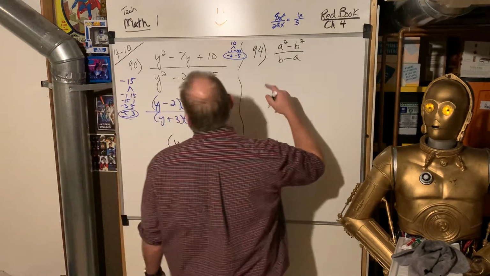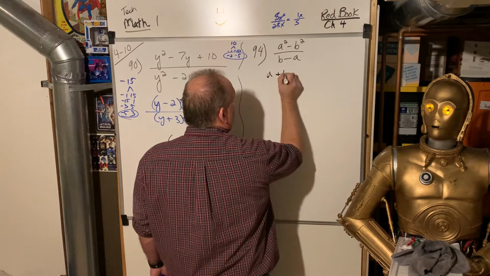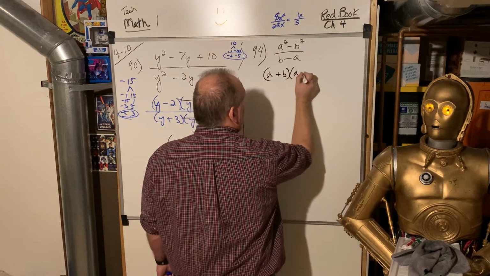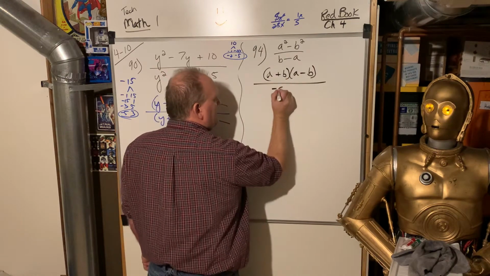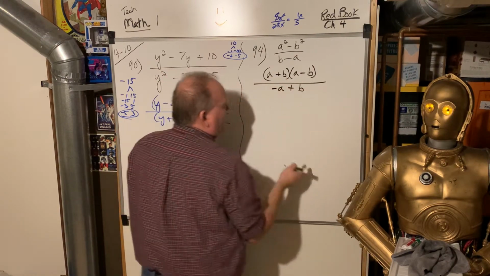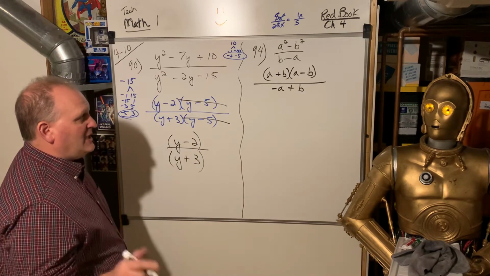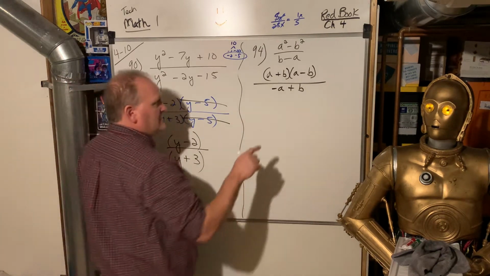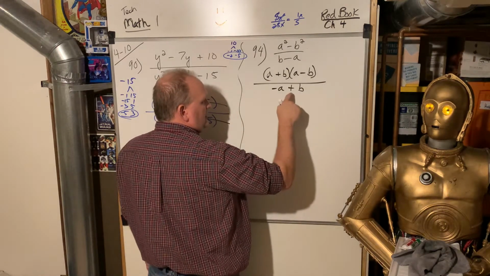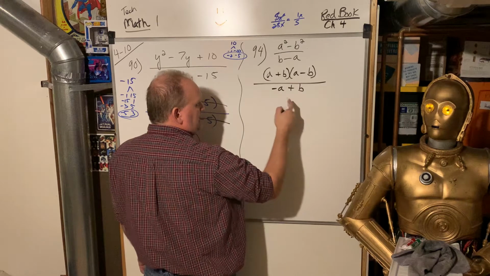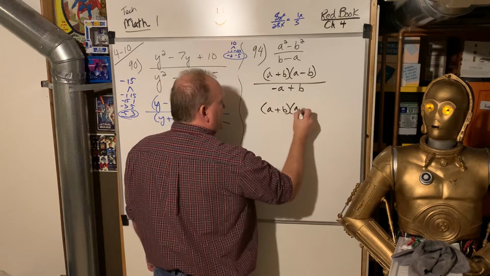Let's look at this one, 94, same section. We got a plus b times a minus b. On the bottom, we've got b minus a. I'm going to write it negative a plus b. Now look, I can't cancel anything as they stand, but you might notice that if I factor out a negative 1 here, I got a plus b on the top, I got a minus b on the bottom.